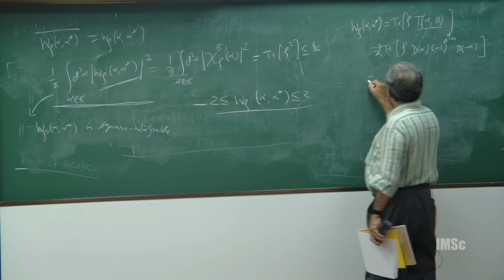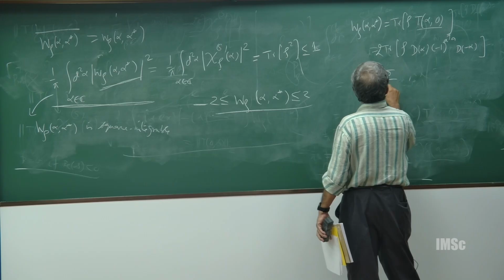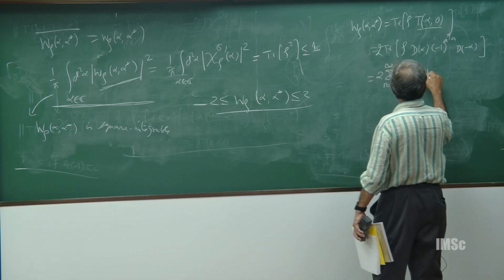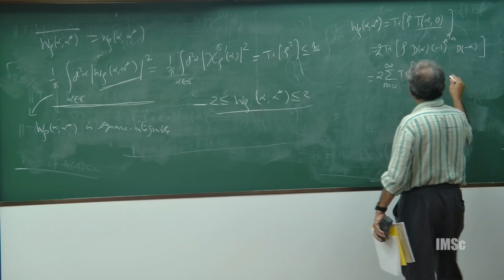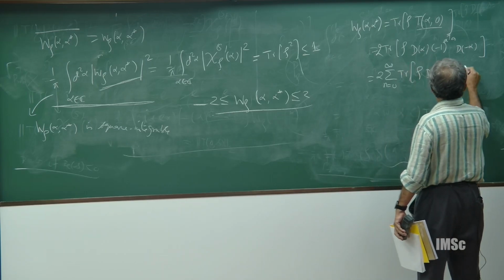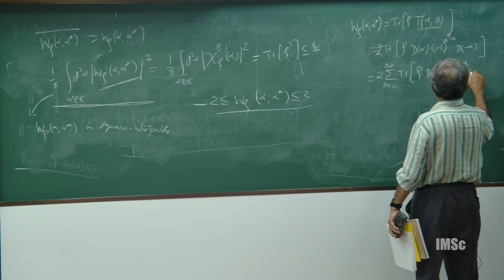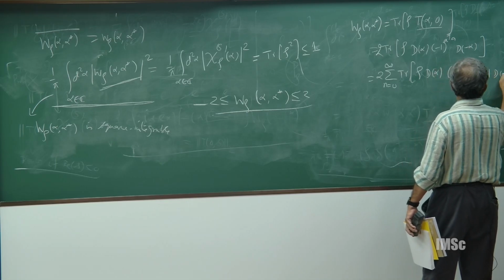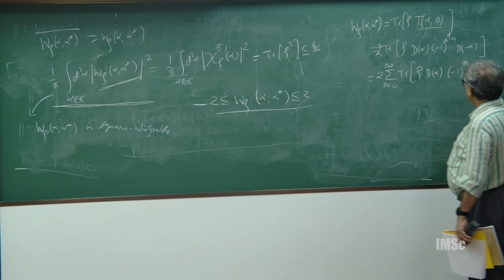So, this is 2 times the sum over n equals 0 to infinity of trace of rho D of alpha, minus 1 to the power n, |n><n|, D of minus alpha. Is that a correct statement?